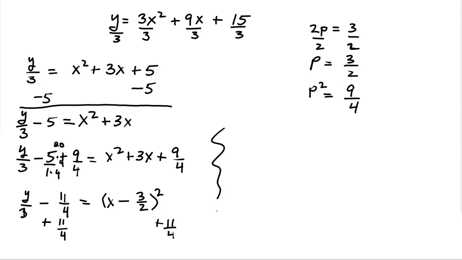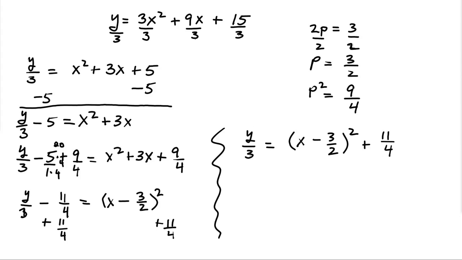Again, I'm going to bring it up here. So on the left, you'll have y over 3 equals x minus 3 halves squared plus 11 over 4.